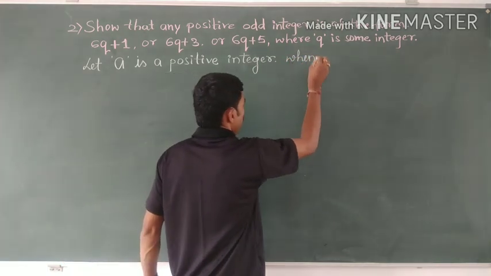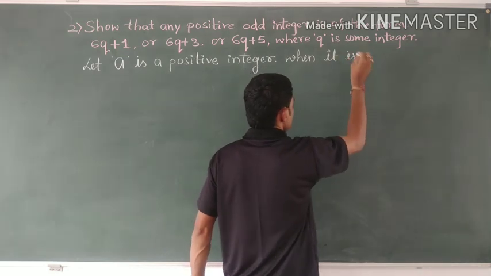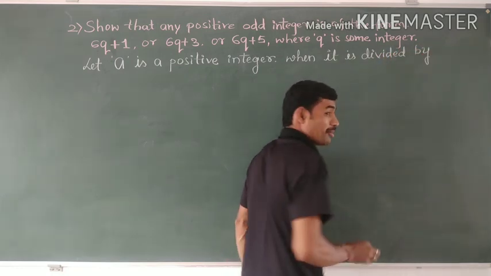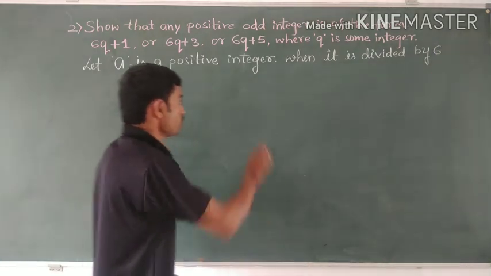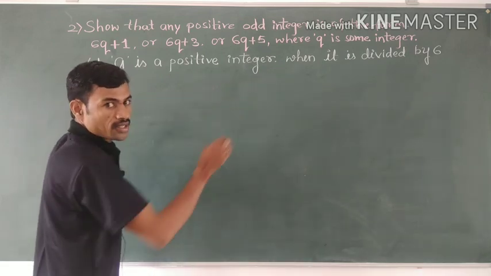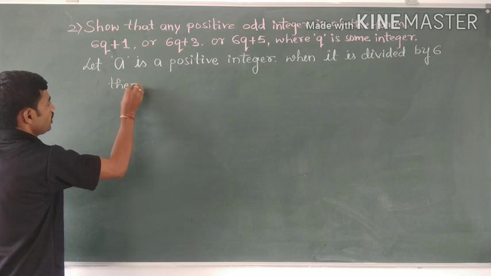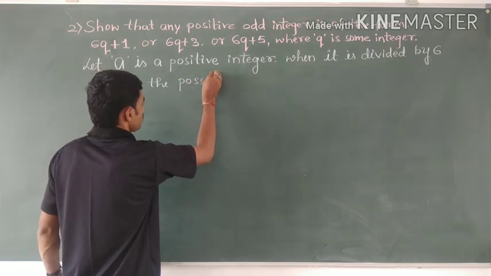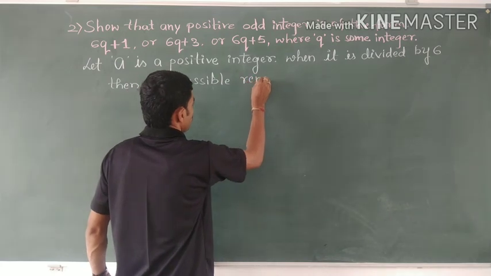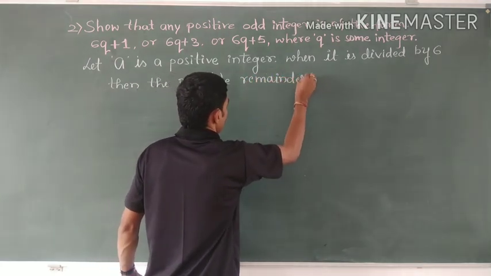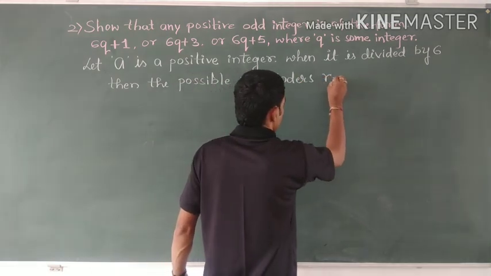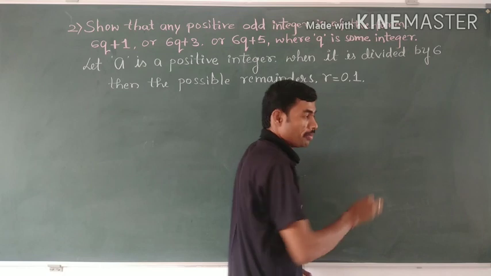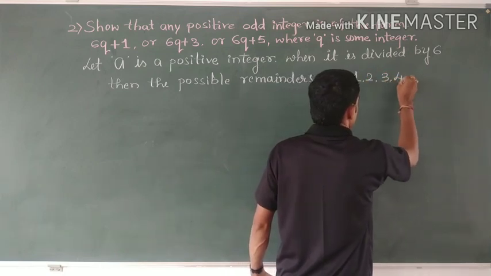When a is divided by 6, the possible remainders are either 0, 1, 2, 3, 4 or 5.